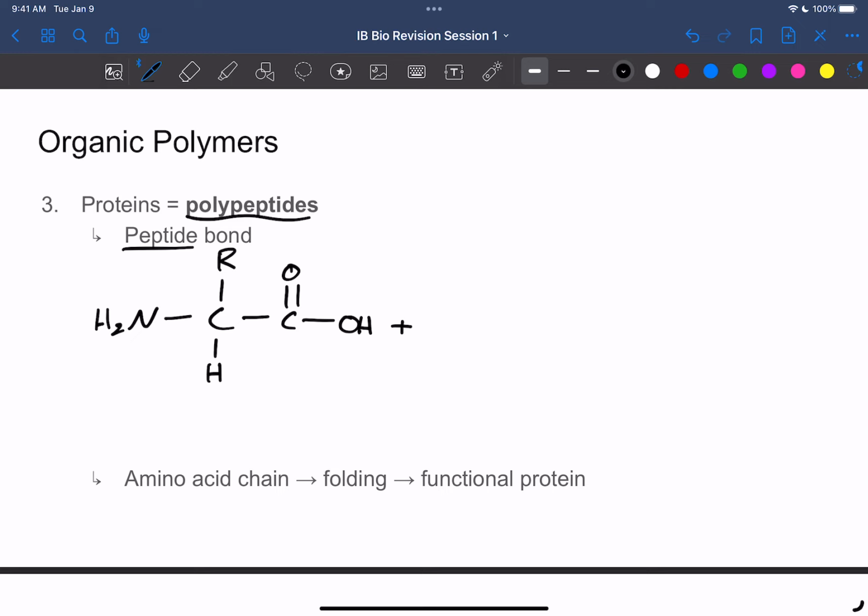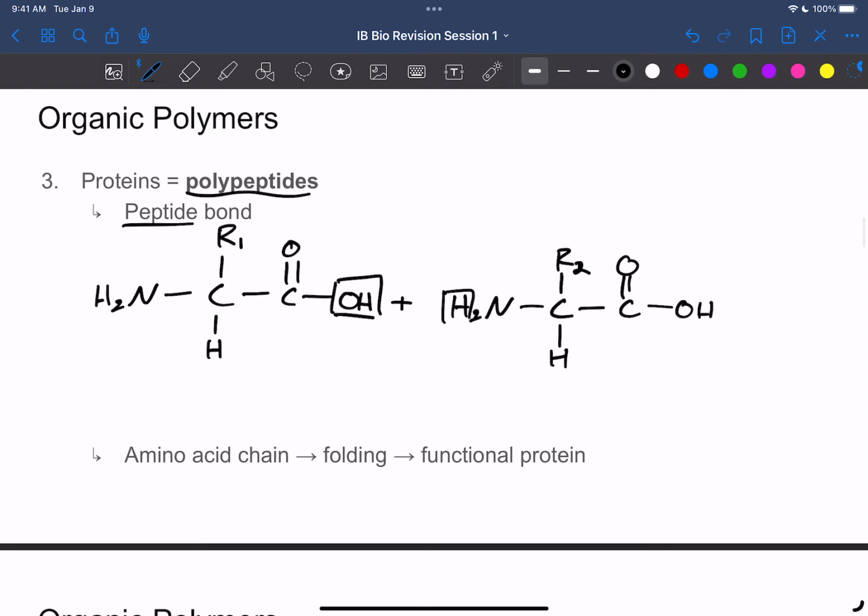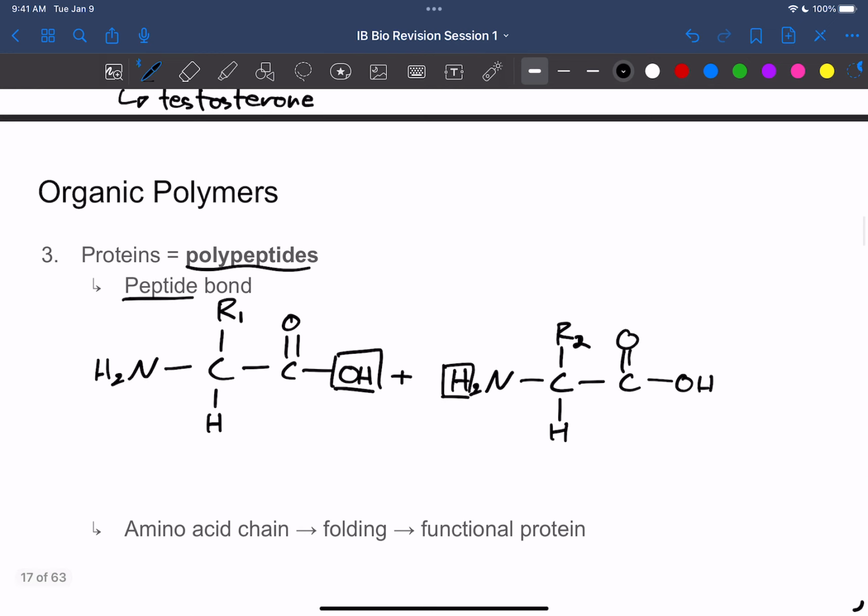And if we combine with another amino acid, so R1 and R2, just to show that they're different, if these combine, well, one of the OH here and an H here is going to leave as water.